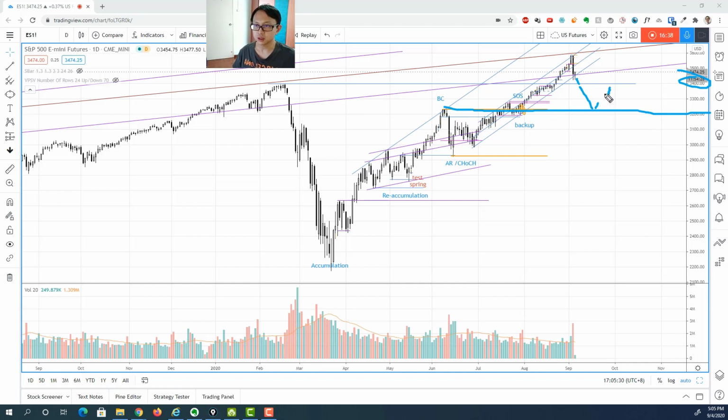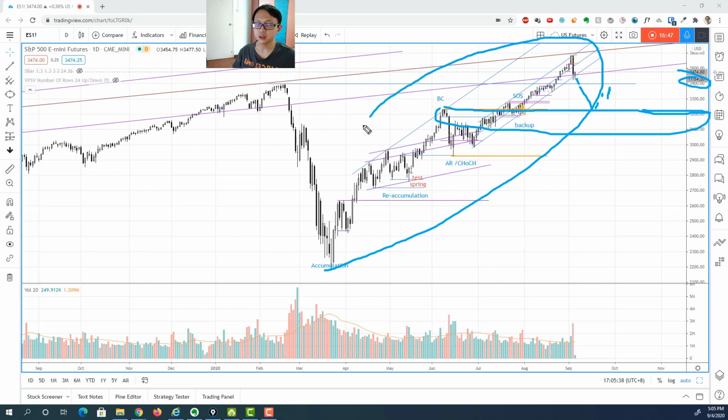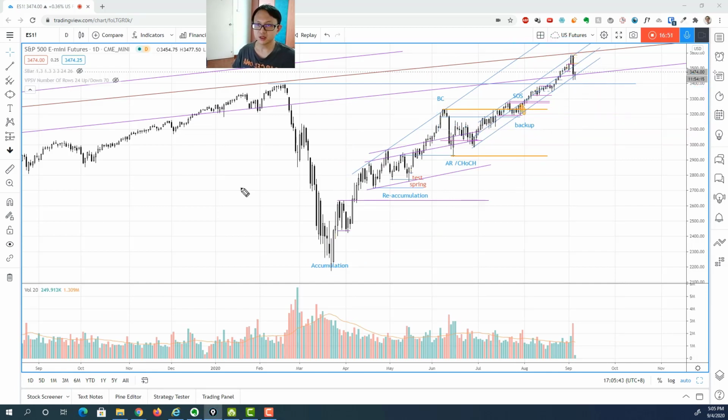So hopefully this zone here can provide some kind of support. Overall, for the long term, if you do position trading or investing, I don't see any damage yet. But for swing trading, definitely, I think this will lock in a lot of my trades, to take some trades out, lock in the profits.